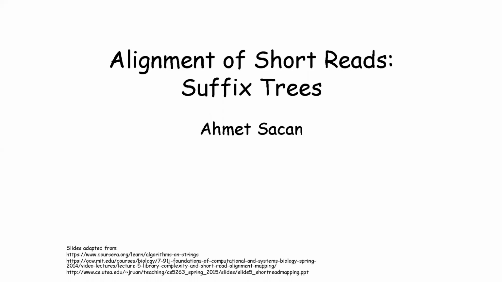Let's discuss the problem of having a short read and finding where it is located in the genome, finding an identical match without any differences in the genome composition. So no substitutions, no gaps. The first method is suffix trees.